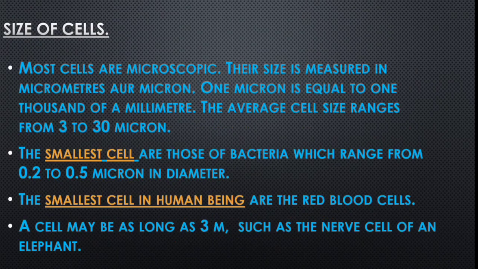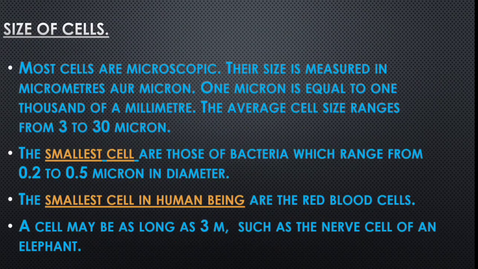Cell is measured in a unit which is called micron. So the average size of cell can be from 3 micron to 30 micron. The smallest cells are those of bacteria, which range from 0.2 to 0.5 micron in diameter.